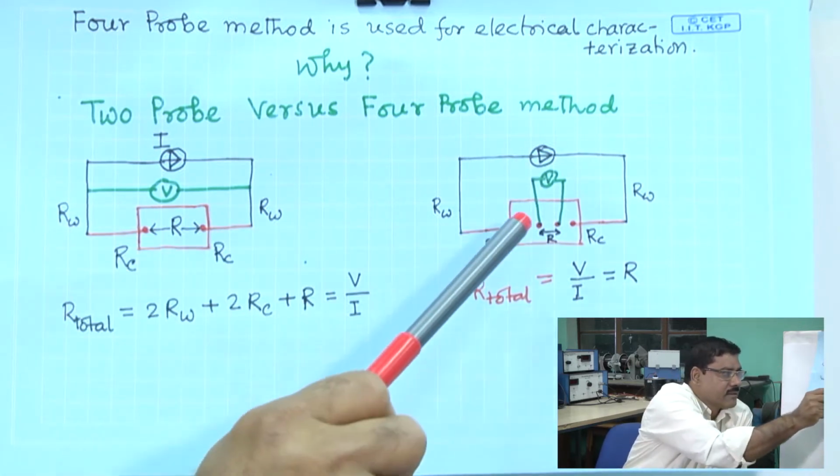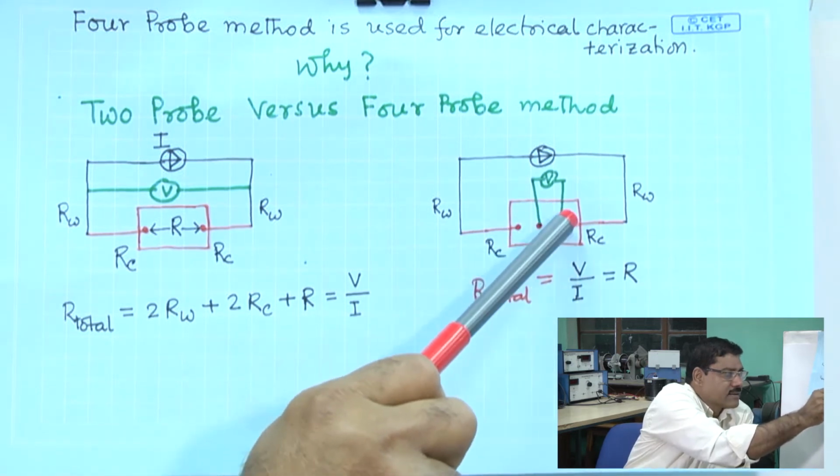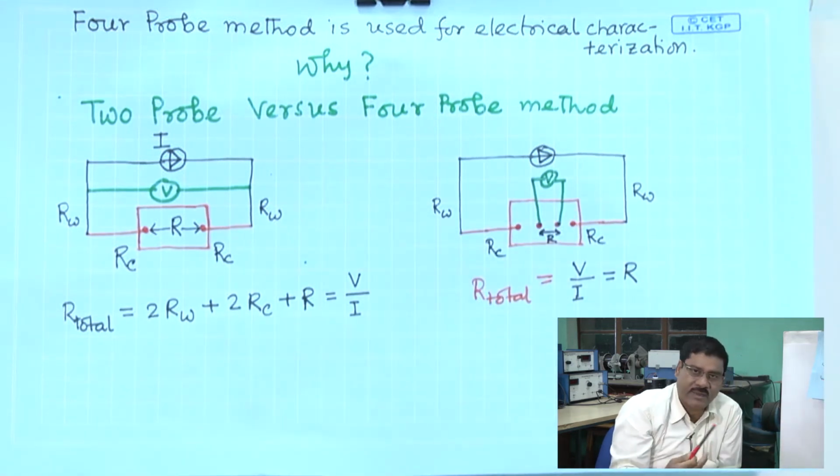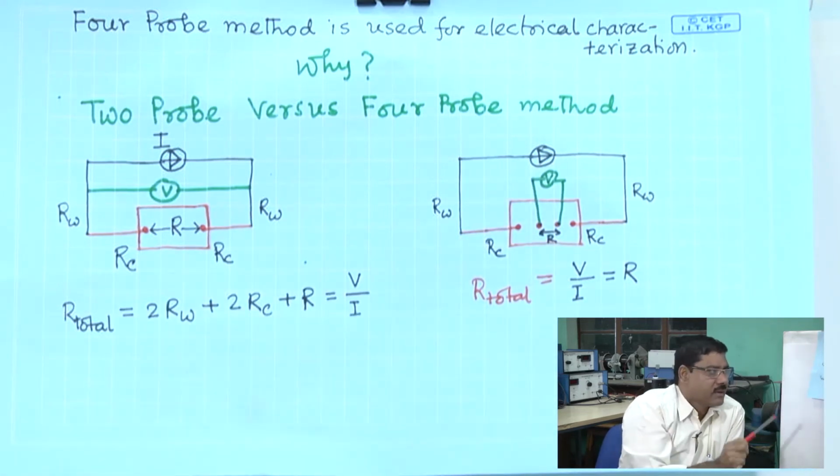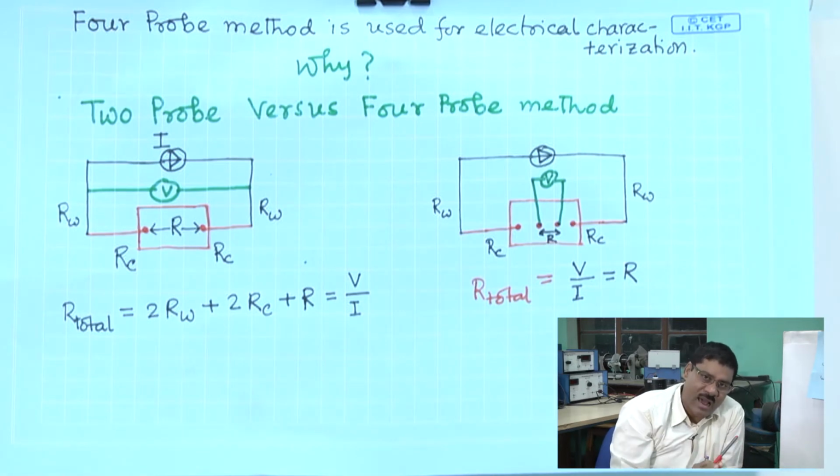But there are two more contacts here from where we are taking the connection for the voltmeter. Now, if there is no current passing through the contact, then there will not be voltage drop and it will not be included. If current passes through the contact, then there will be voltage drop.